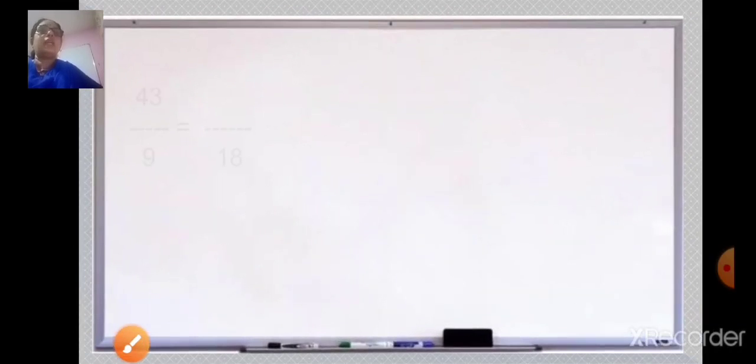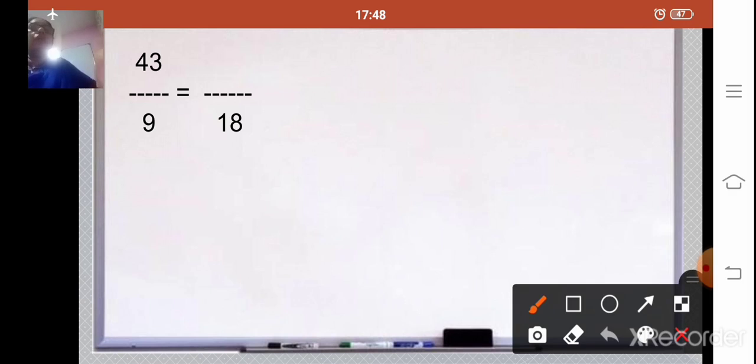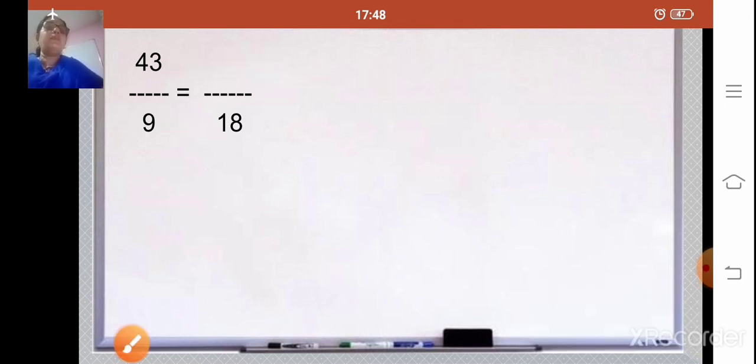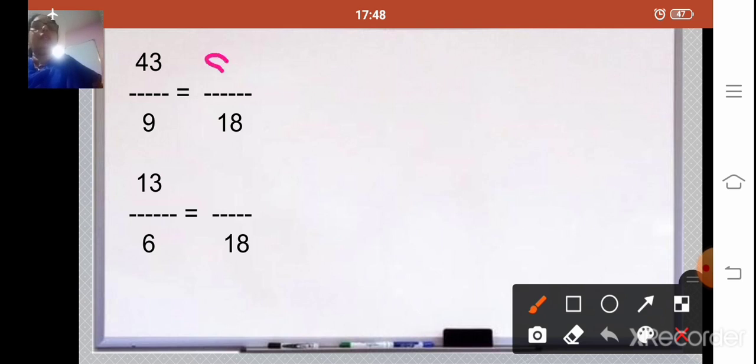So let us take the first fraction first. 43 upon 9 is equal to dash upon 18. Now 9 multiplied by 2 gives 18. The same way the numerator also will be multiplied by 2. So 43 into 2 is 86 upon 18. Now the second fraction: 6 multiplied by 3 will give you 18.